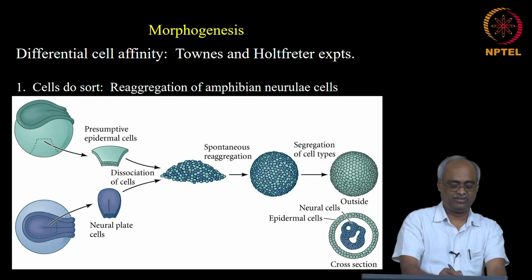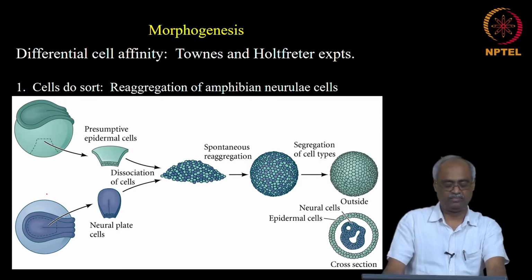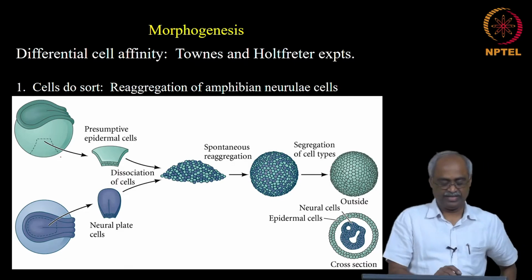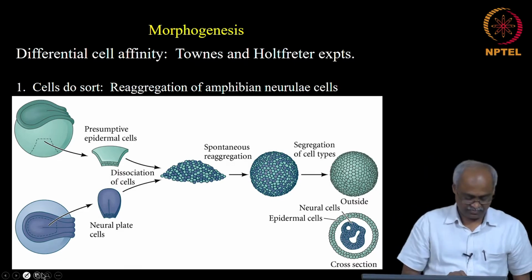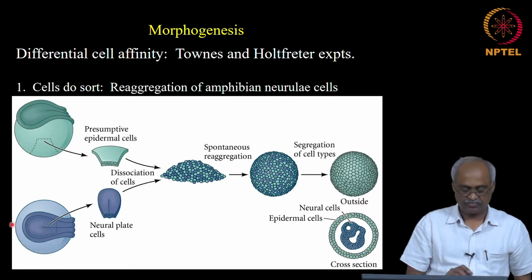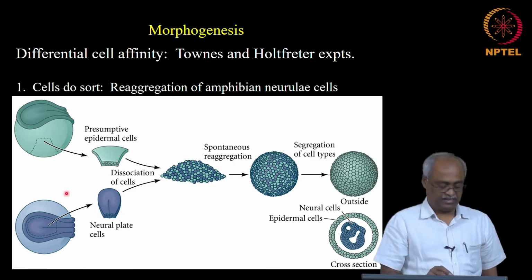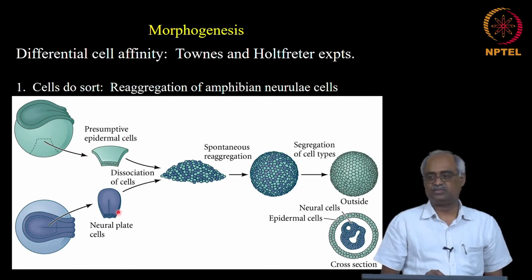For example, you take two differently pigmented frog embryos, and from one you take epidermal cells, and from the other neural plate cells, and then you heap them together.